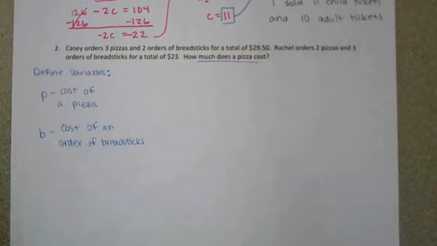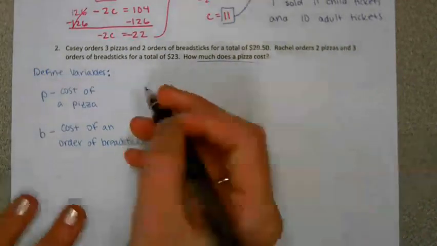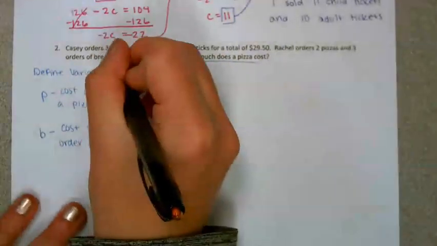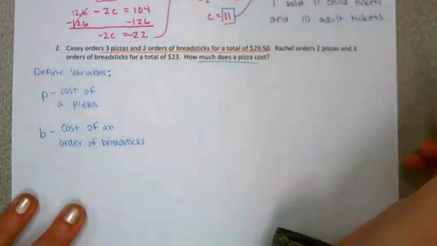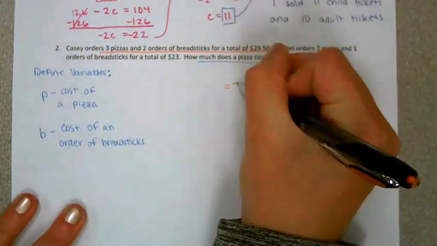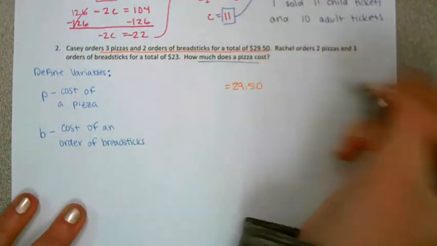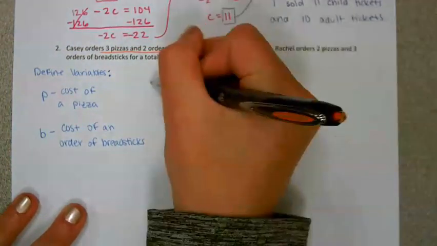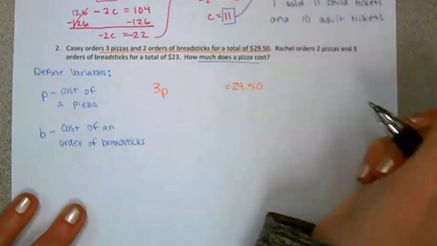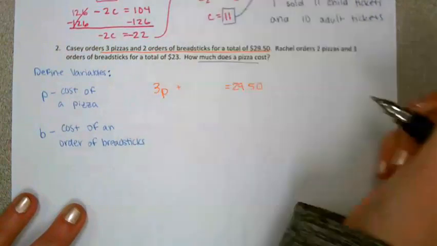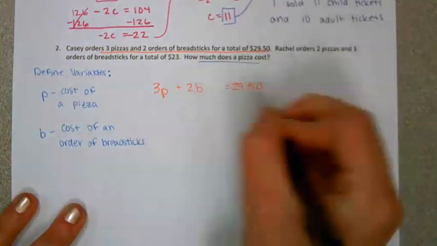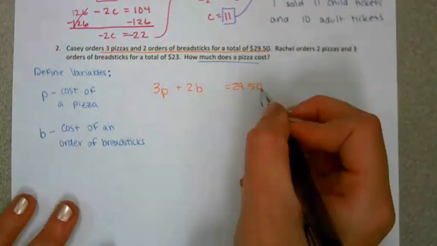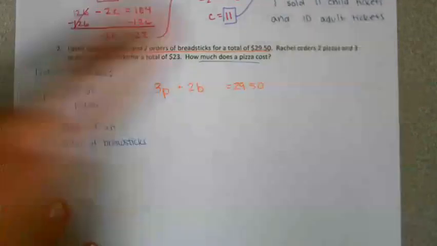I can see a specific situation dealing with Casey. Casey ordered 3 pizzas and 2 orders of breadsticks for a total of $29.50. And she bought 3 pizzas, and that's additional to the 2 orders of breadsticks to give us the total. So we have a break here in a group that deals with Casey.